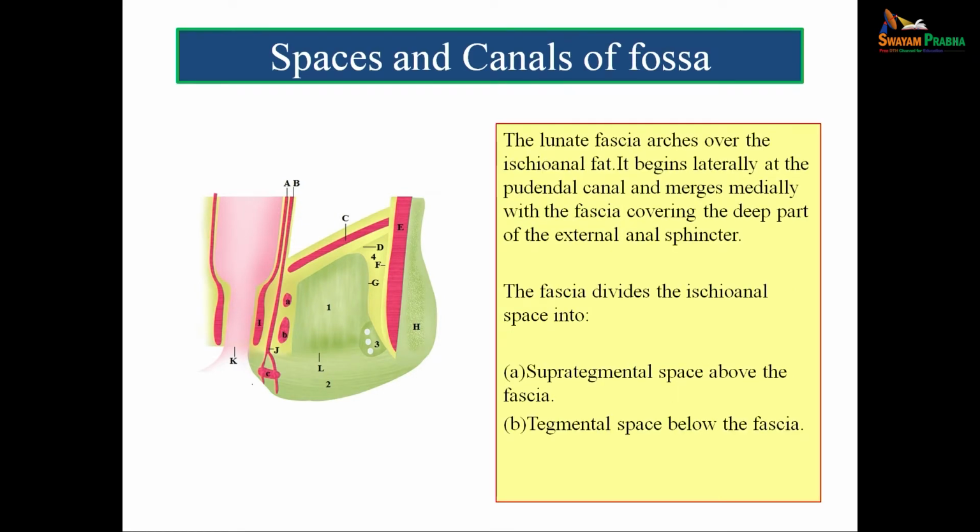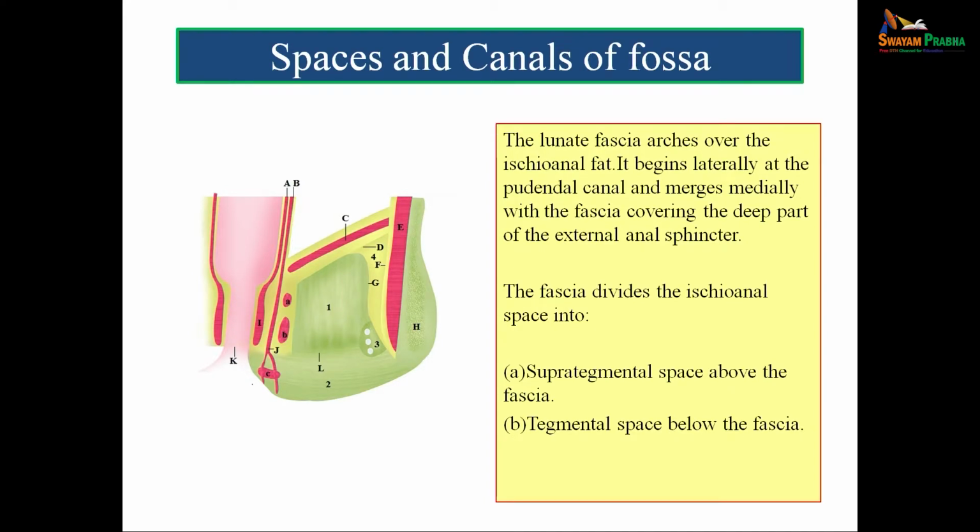Now, we come to the lunate fascia. What is the lunate fascia? The lunate fascia arches over the ischioanal fat. In the figure, the lunate fascia is marked by a capital G. It begins laterally at the pudendal canal and merges medially with the fascia covering the deep part of the external anal sphincter.